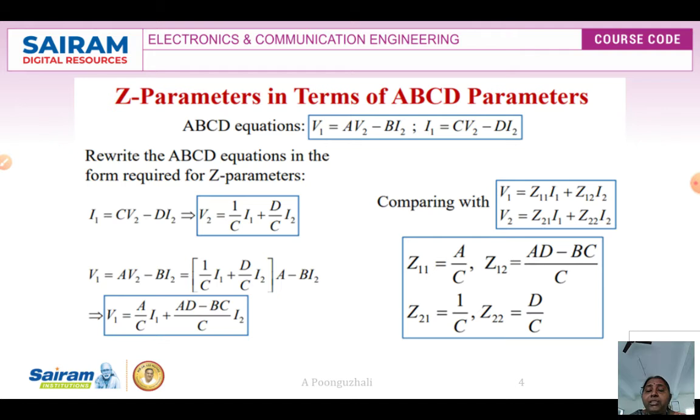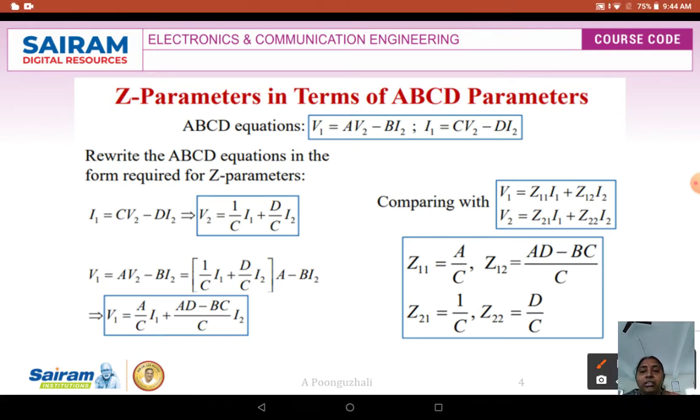Now compare this V1 equation with the Z parameter V1 equation. Z11 is equivalent to A by C, and Z12 is equivalent to (AD minus BC) by C. Next, from the V2 equation, Z21 is nothing but 1 by C and Z22 is D by C.